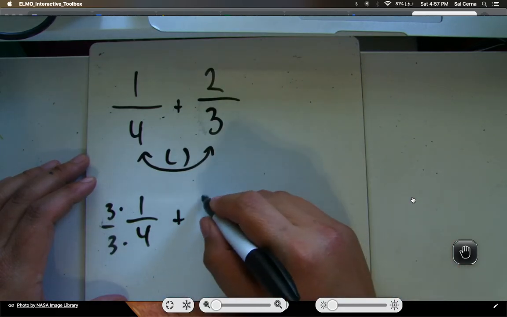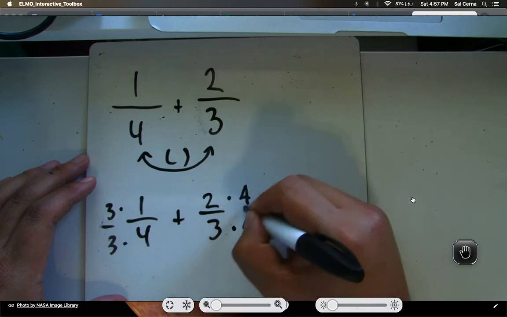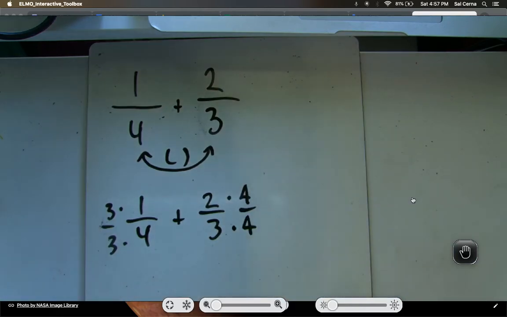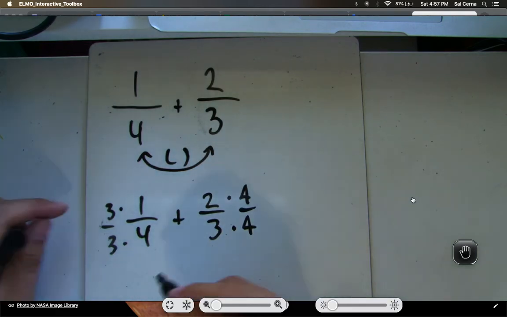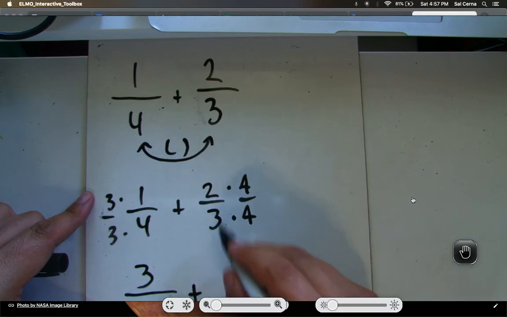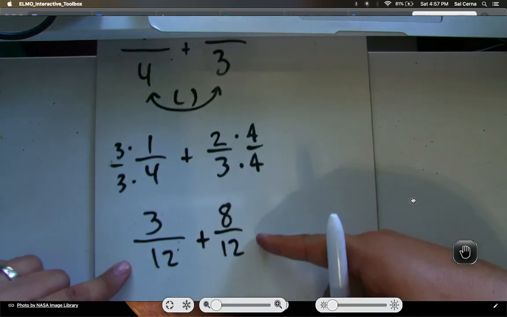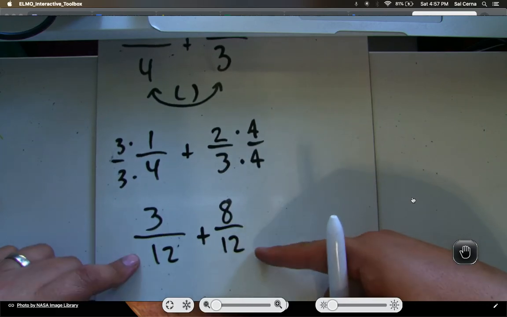Plus 2/3. This will be multiplied by 4. And what are we left with? We're left with 3 over 12 plus 2 times 4, which is 8, over 12. So here's the work. My denominators are identical, they're equal.